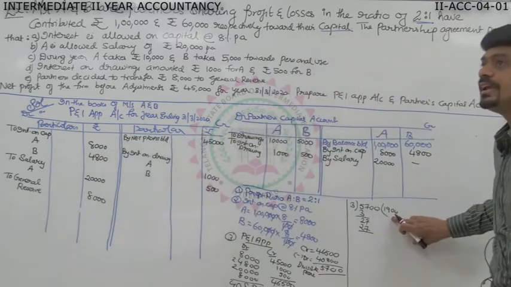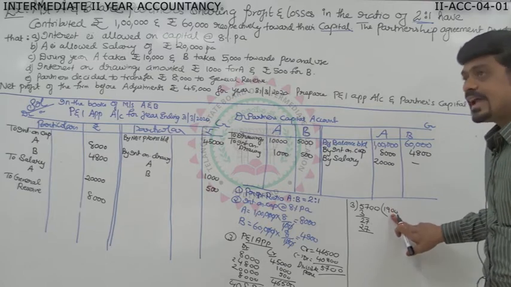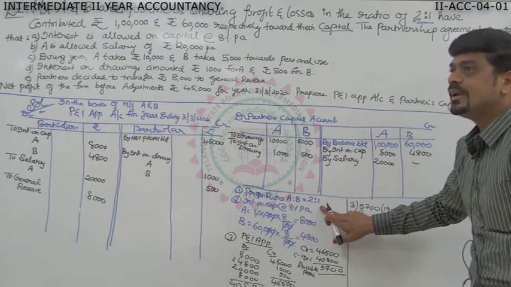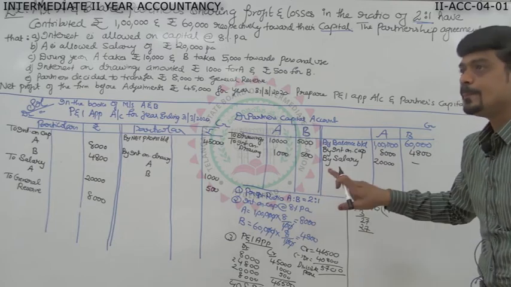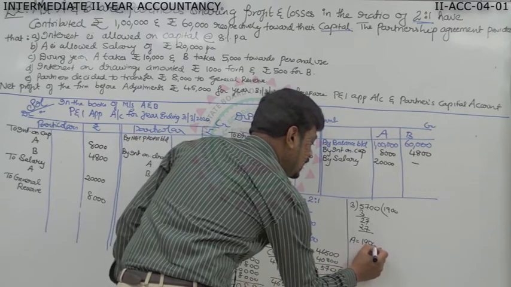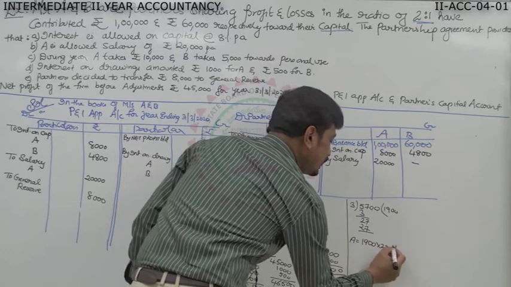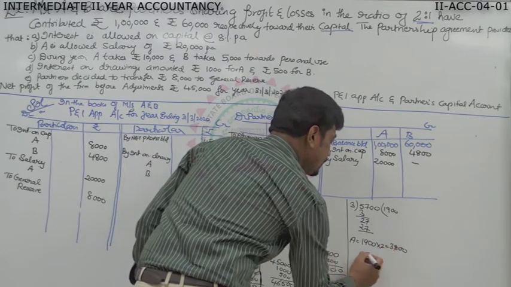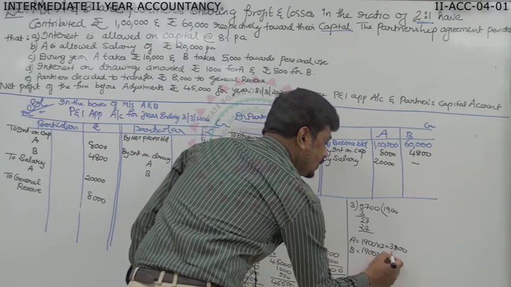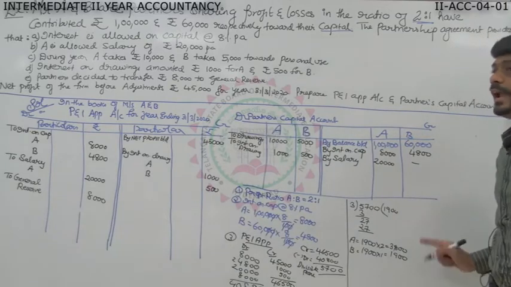So the quotient is 1900. This 1900 will be multiplied by 2 and 1 to get the share of A and B. So here A's share 1900 into 2 is 3,800, whereas B 1900 into 1 is once again 1,900. We got the share of A and B.